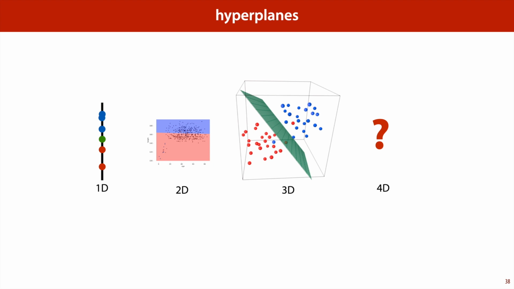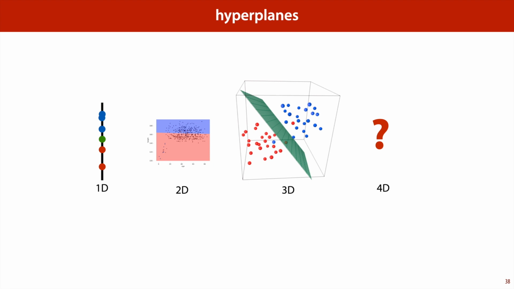The plane cuts the space into everything above the plane and below the plane. And in 4 dimensions, it's not easy to visualize anymore, but we call it a hyperplane. And it's a 3D linear structure that separates the 4D space, the space of 4 features, into everything above the hyperplane and below the hyperplane. Like I say, it's difficult to visualize, but the math is very easy. And we'll look at that in more detail in the next lecture.